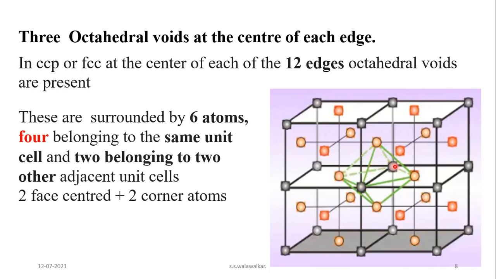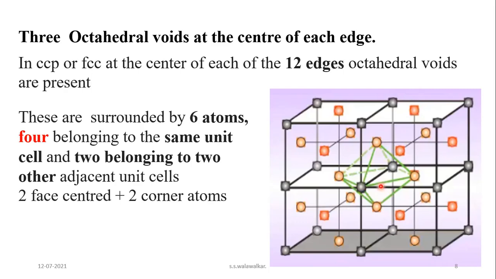When these 4 particles are joined, we get a square-like structure. And when it is joined to the face center particle of the above unit cell and this unit cell, we get an octahedral shape, and the empty space in between is called an octahedral void, which is present at the edge of the unit cell.